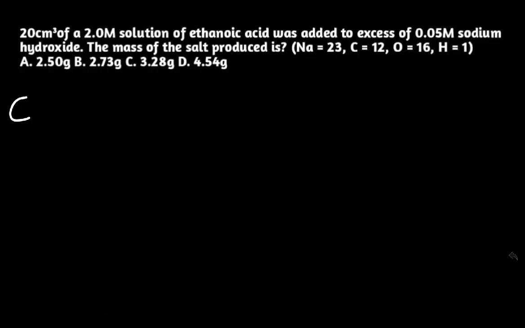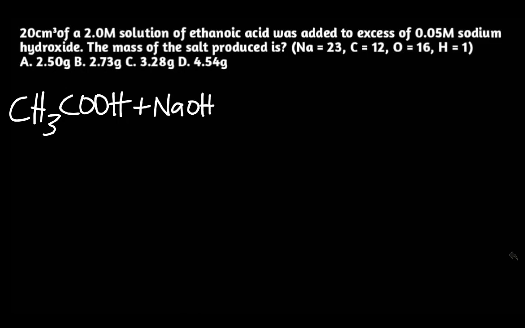ethanoic acid. The formula is CH3COOH. So this is the chemical formula for ethanoic acid, plus sodium hydroxide. You should know now sodium hydroxide is NaOH. Okay, now what will you get? You get a salt here, and you also get water.